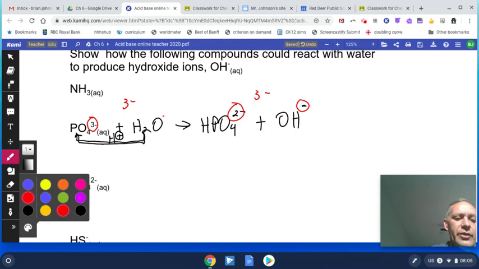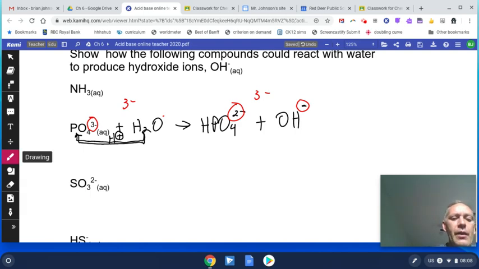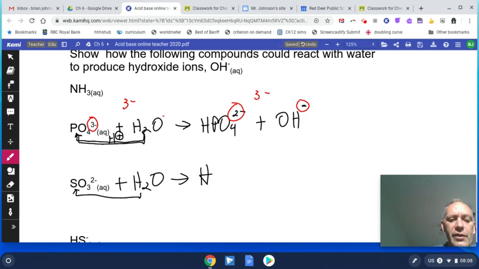The charges are balanced. Okay, SO3 2-. Same deal. Takes an H+ from water. So if it takes an H+, it gets the H. That's HSO3. It took a plus, so instead of 2-, it's 1-. Water's lost the H+, so it's down to an OH-.